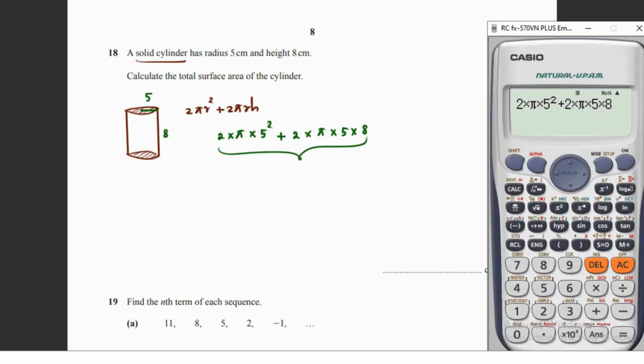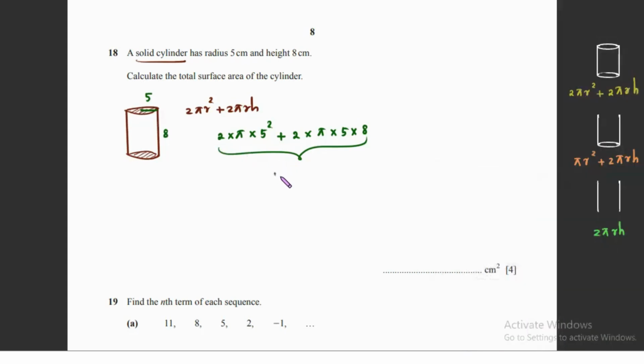The answer that I get is 130 pi, which is the same as 408.407045 centimeter squared, because this is surface area. But I'm going to write it correct to 2 decimal places, which will be 408.41 square centimeters. So the answer that I get here is 408.41 square centimeters.